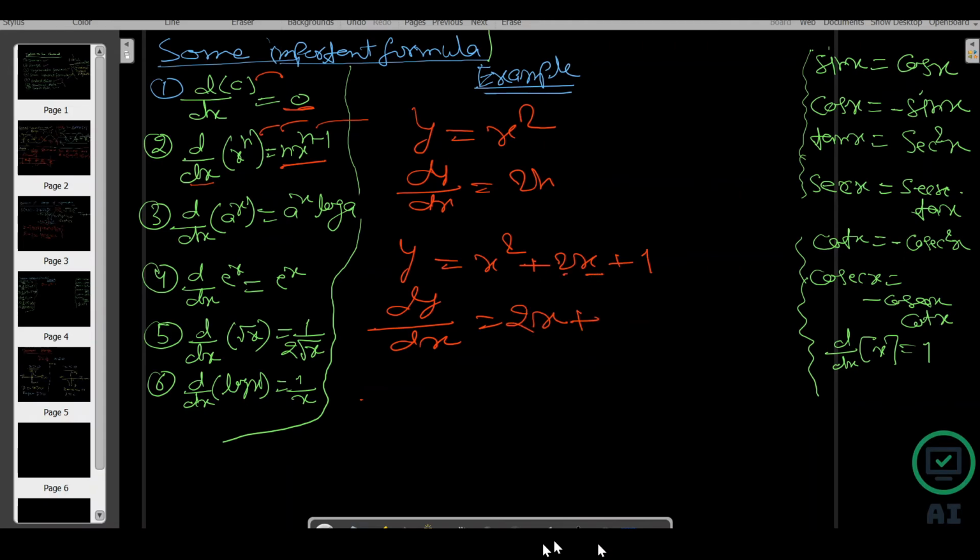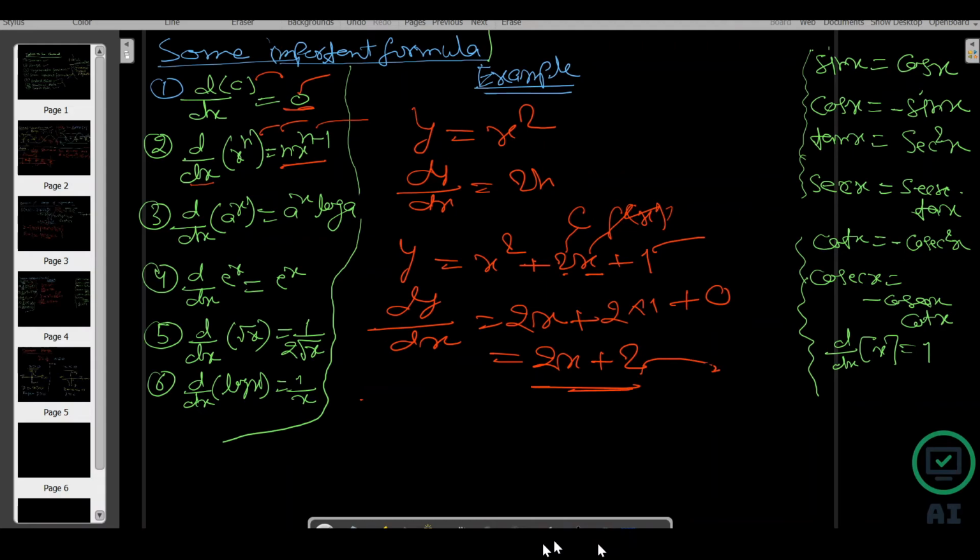I have already explained that for d by dx of c times f(x), this is a constant and this is f(x), so you can take the constant out and differentiate. So x differentiates to 1, and the constant differentiation is 0. So it is 2x plus 2. This dy by dx is nothing but the slope of this particular function.